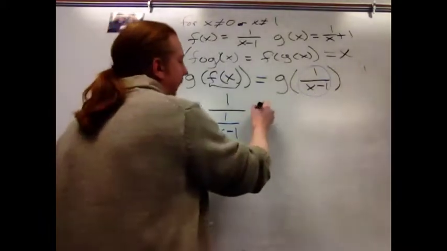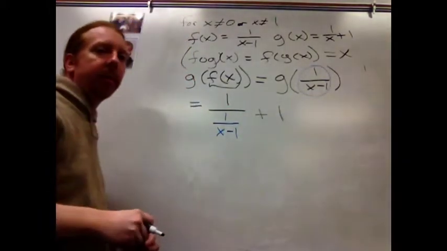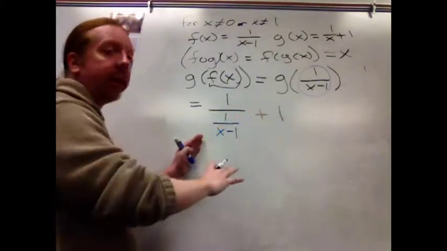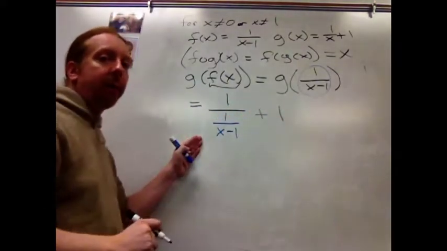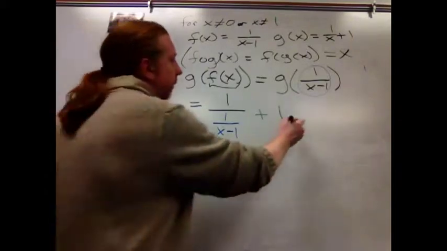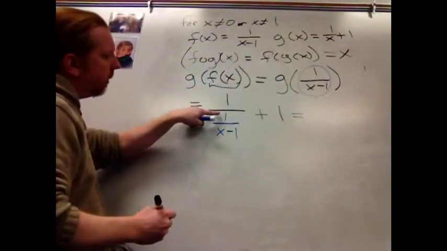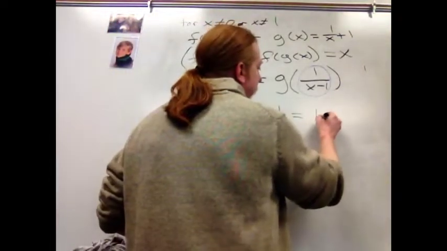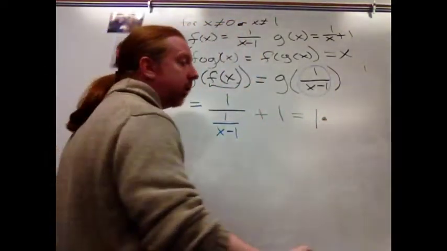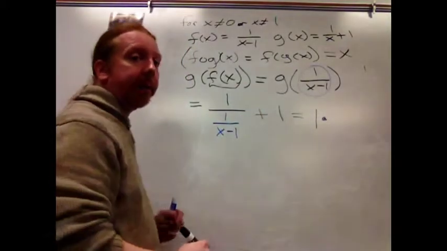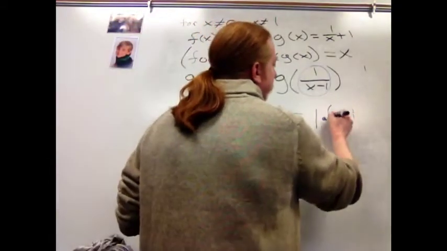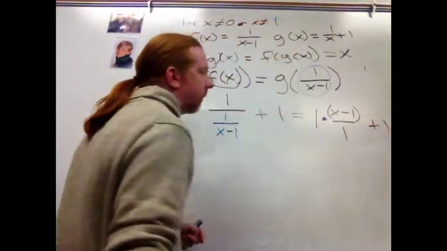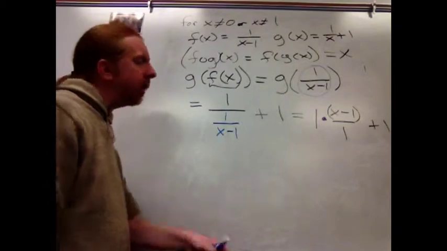And to that, I'm going to add 1. So I can see 1 over x plus 1. That's my g, with this being my plugged-in part from our practice with compositions. Well, 1 over a fraction is 1 times the reciprocal. So 1 times the reciprocal. Let's take this and flip it up. Plus 1. That's a whole lot of 1's going on.